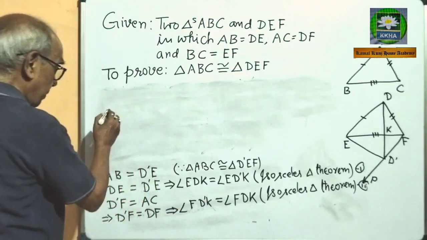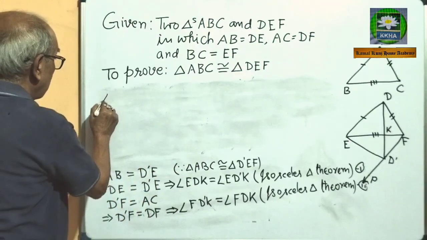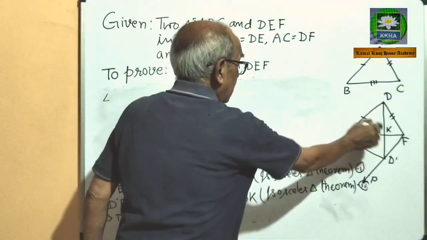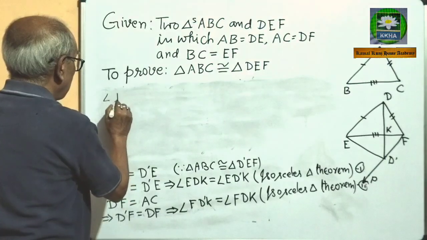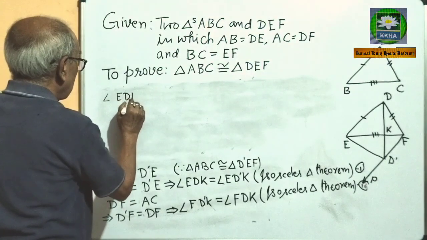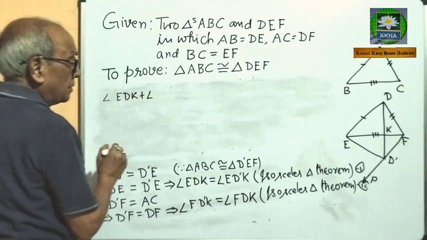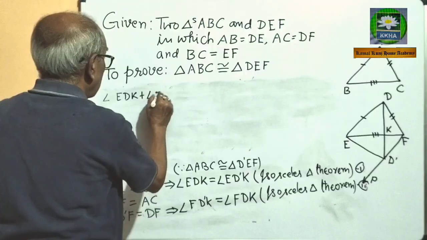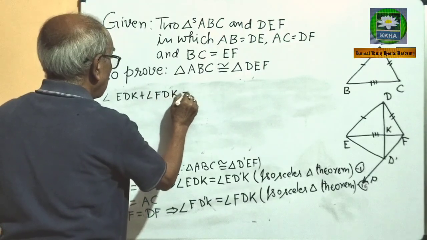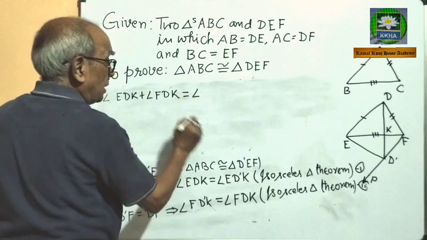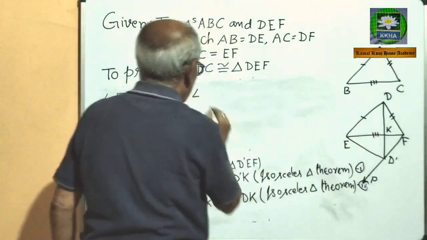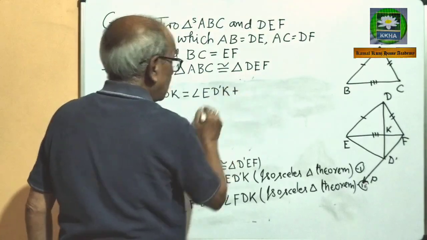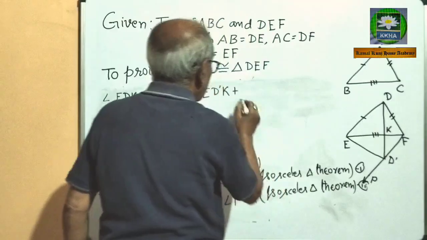Adding 1 and 2, we get angle EDK plus angle FDK equal to angle ED dash K plus angle FD dash K.